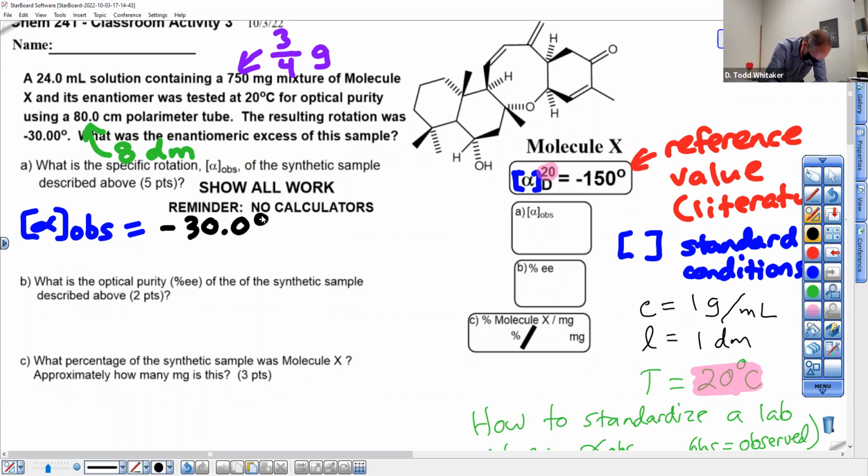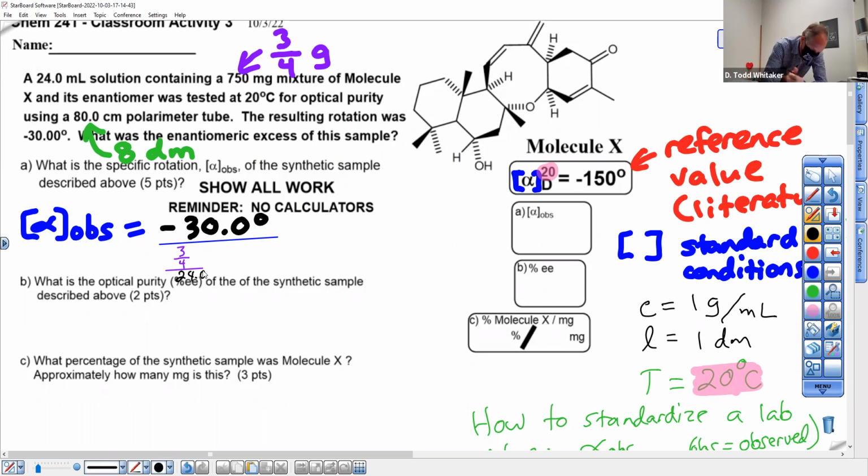Dividing by 3/4 grams over how many milliliters? 3/4 over how many milliliters? Yeah, 24.